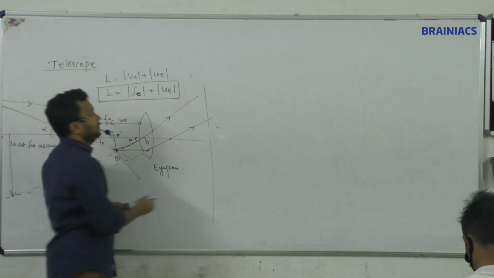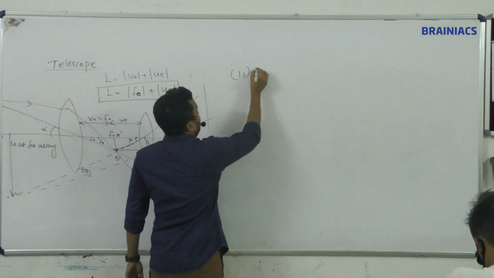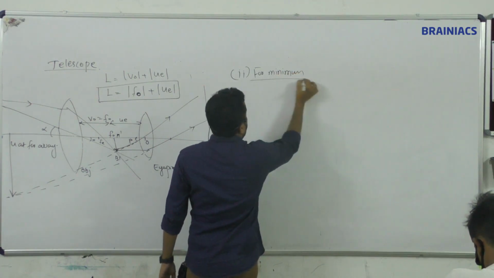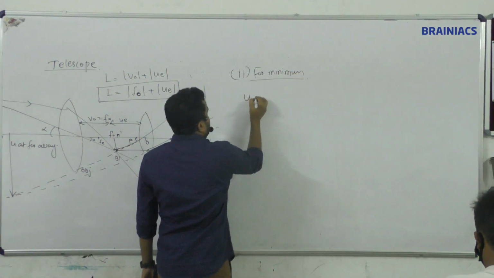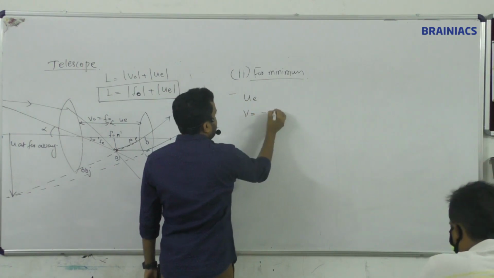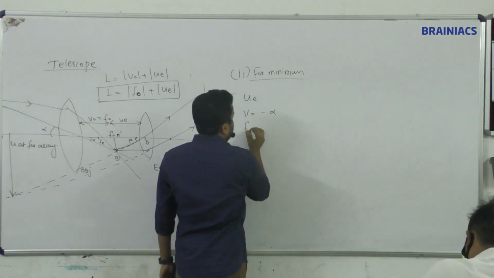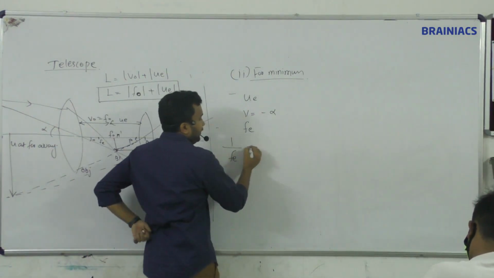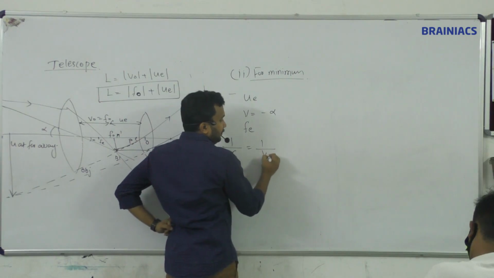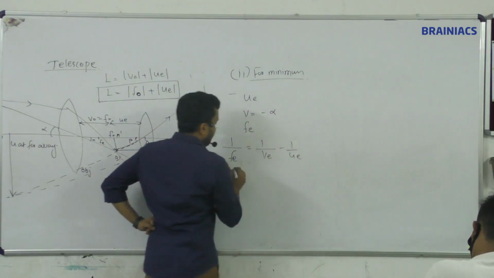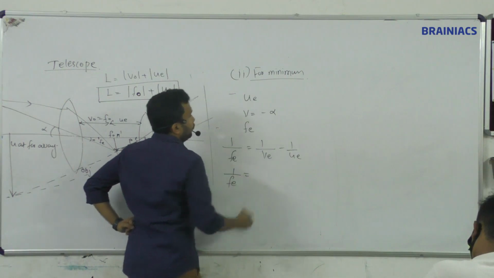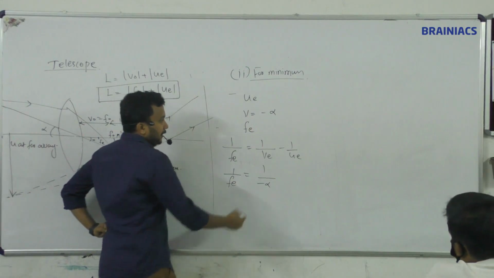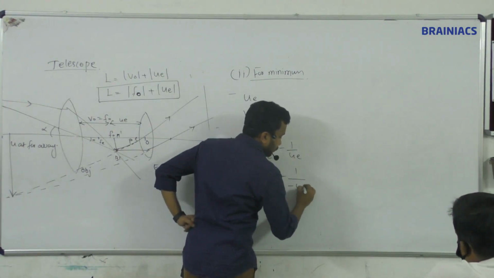For minimum magnification, the second one: it is minus UE and V is equal to minus infinity, and FE is also there. We'll substitute in the formula 1 by FE is equal to 1 by VE minus 1 by UE. 1 by FE is equal to 1 by minus infinity minus 1 by minus UE.